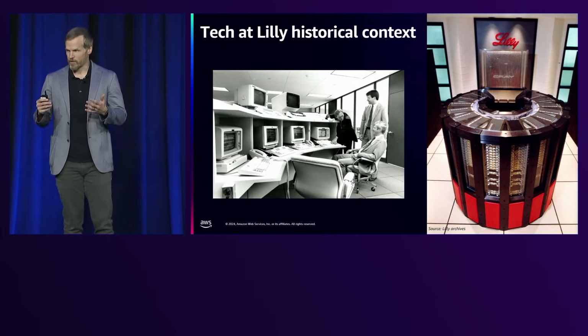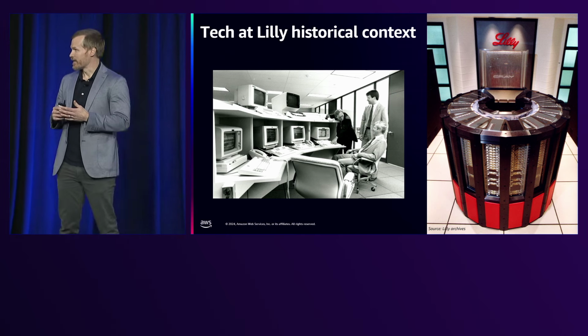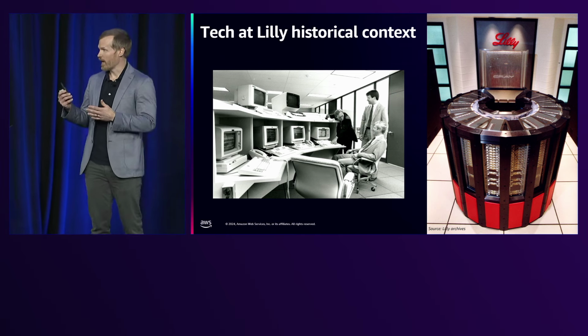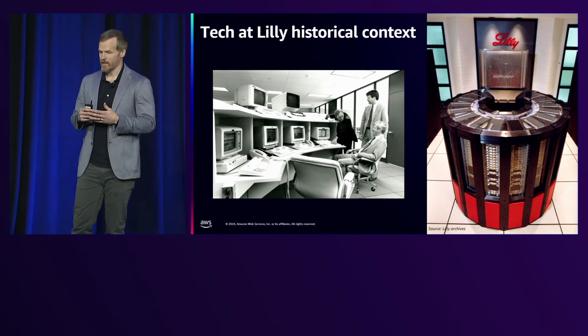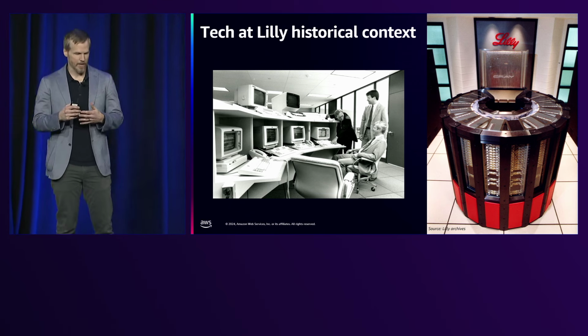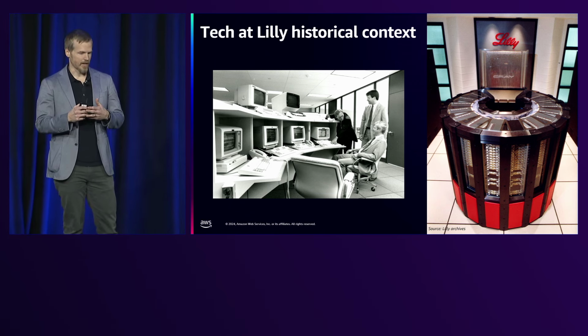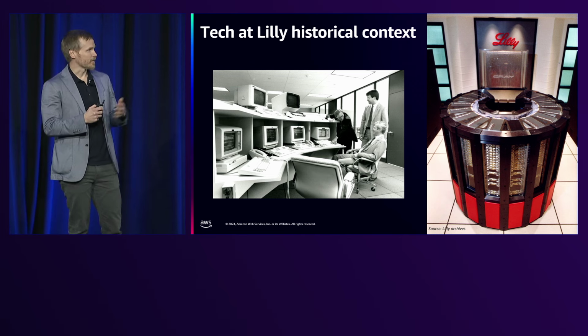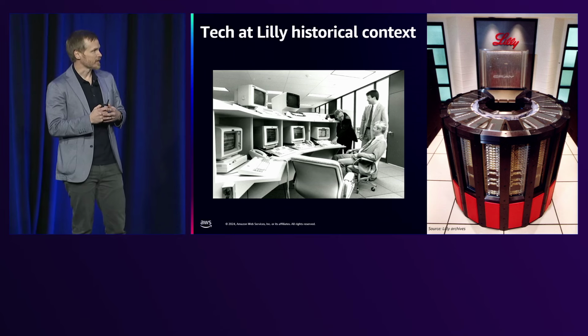So just a little bit of historical context. The pictures here tell a little bit of Lilly's history with technology. On the left, it's actually 1987 and some classic 80s corporate executives very excited about the most recent delivery of some personal computer technology. And on the right, some of you might know what that is, or you can see the text there.